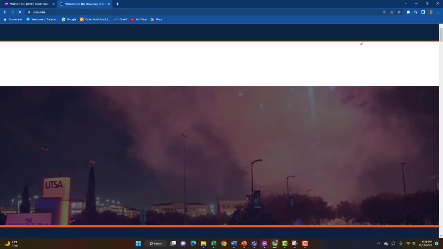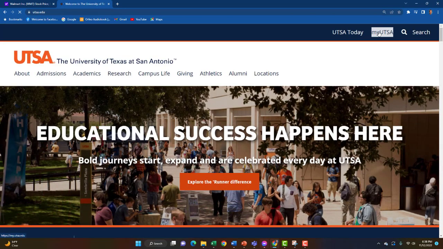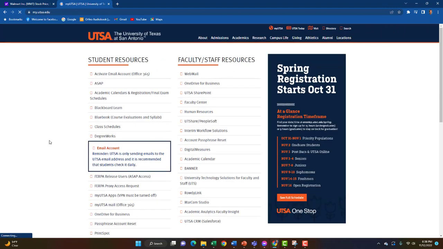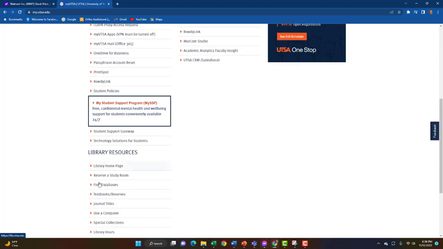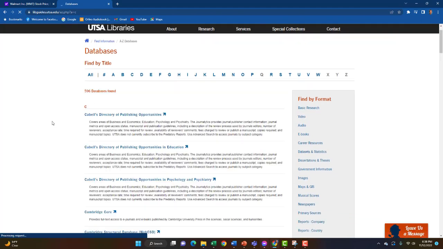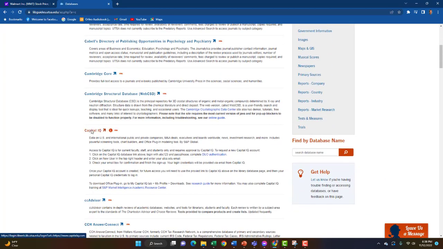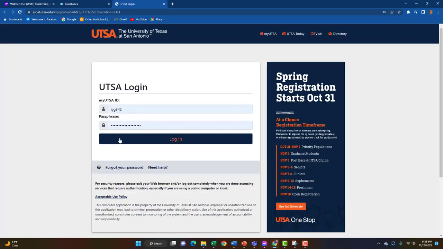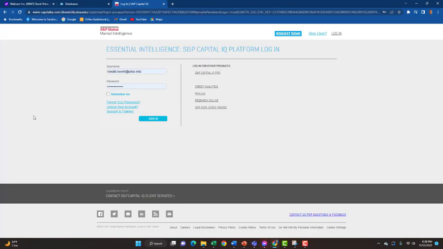You just go to the UTSA library, my UTSA, find databases, and go to the C for Capital IQ and just find Capital IQ and click on that, and then you sign in.